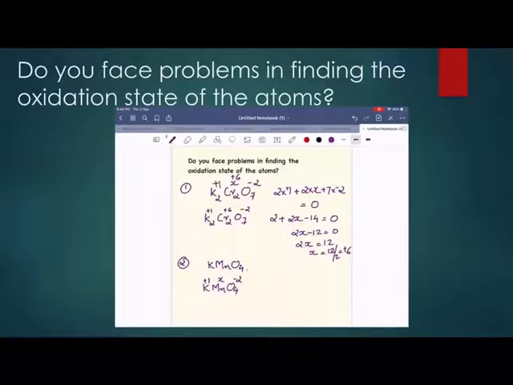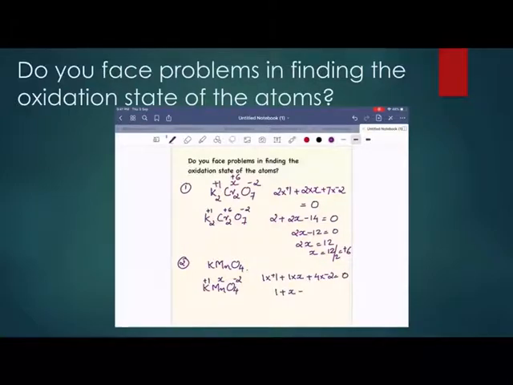Once we add all the oxidation states of all the atoms in this compound, we should get 0. So 1 potassium atom, so 1 into +1. 1 manganese, we do not know its oxidation state, we consider it as x. 4 oxygen atoms, 4 into -2, total 0.